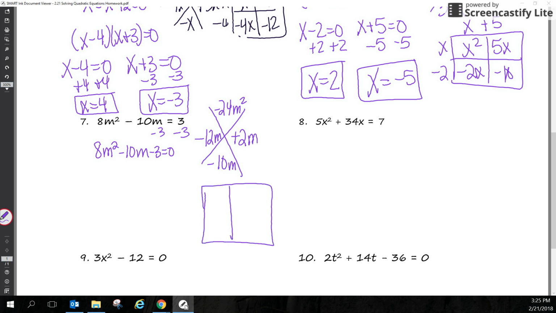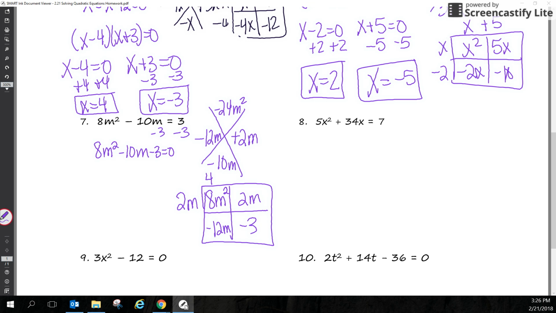Putting it into the box, I've got first term, first box, 8m squared. Last term, last box, that's negative 3. And then negative 12m, positive 2m in my other two boxes. All right, my GCF for the first row, they both have a 2 and they both have an m. What times 2 gives me 8? That would be 4.